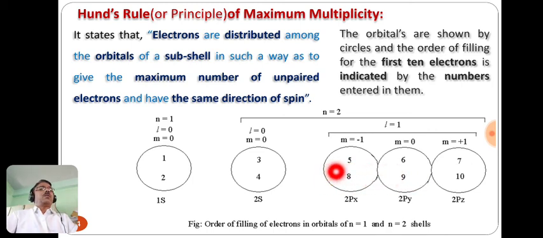So first of all, electrons are filled like this, 5th, 6th and 7th, in unpaired form, and then pairing occurs from here. The 8th electron enters the 2px, then the 9th in the 2py and the 10th in the 2pz. So here the pairing of electrons occurs in the p orbitals. This shows the order of filling of electrons in orbitals for n equals 1 and n equals 2, meaning principal quantum numbers 1 and 2.